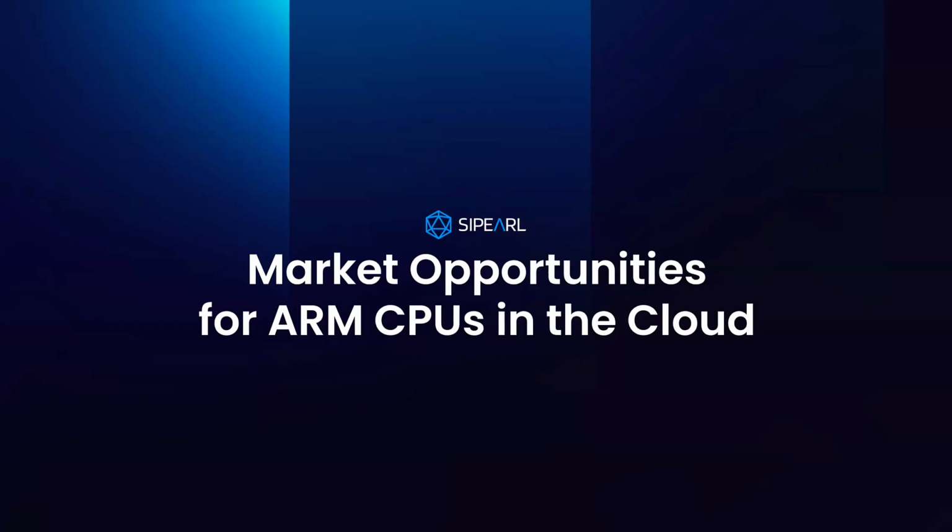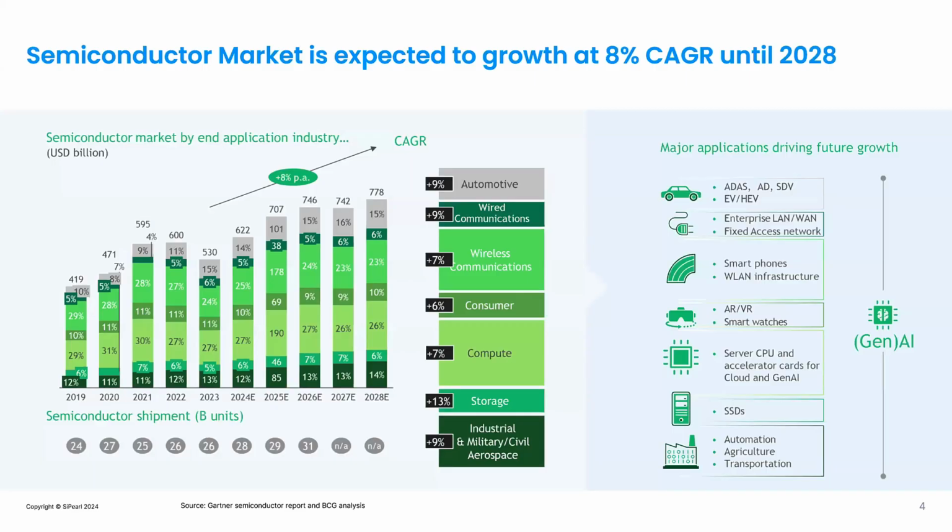Let's start with market opportunities. Here we have an overview of forecast in terms of semiconductor shipment, divided by multiple segmentations, which are automotive, wireless communication, up to industrial and military civil aerospace. On the right side of the screen, we can also see the major application linked to each of these segments.